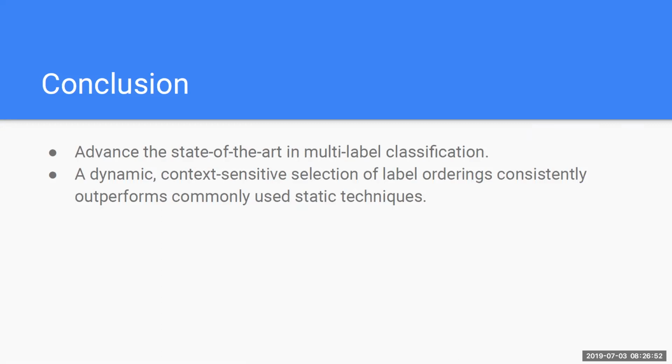Two, it's trying to best model how those labels are ranked, or how those sequences are generated dependent on each other. It does competitively with the state of the art for both of these problems, and we can see that it performs better than using any static technique, like frequent ordering, or just a fixed arbitrary fixed sequence.